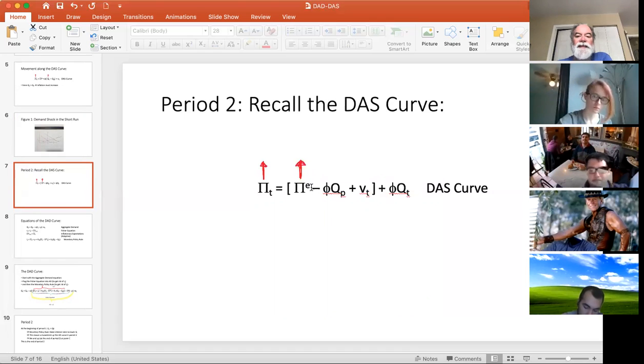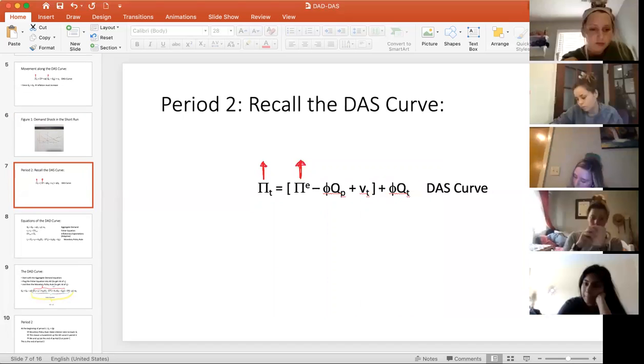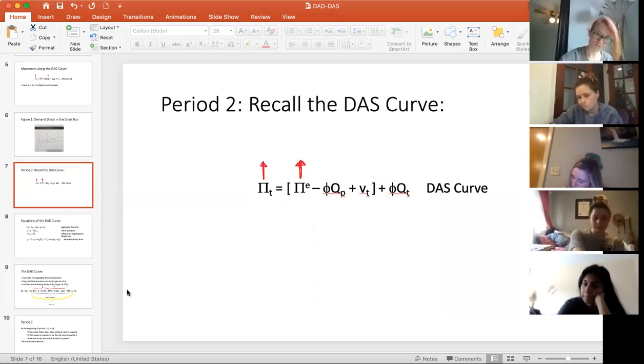what happens to the DAS curve? Jess? Yes.